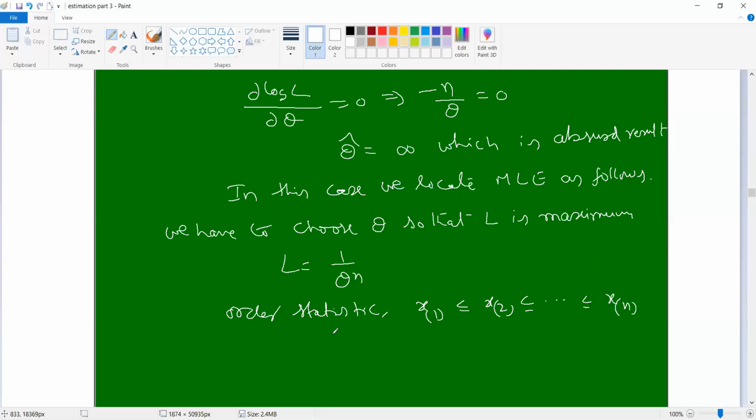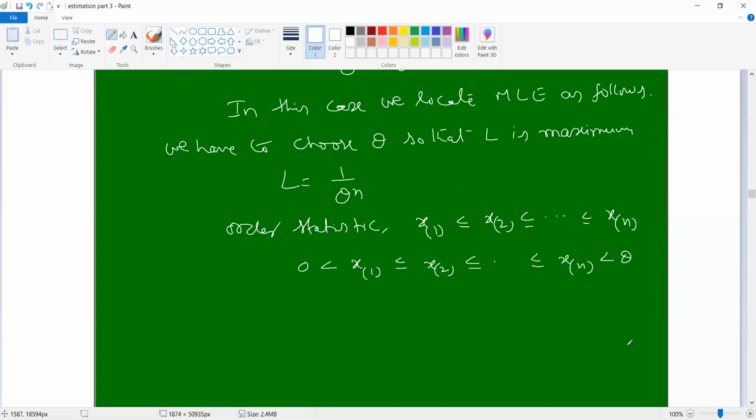Now this sequence lies between 0 and theta: 0 less than or equal to x1 order less than or equal to x2 order less than or equal to ... xn order less than or equal to theta. Here 0 is included.